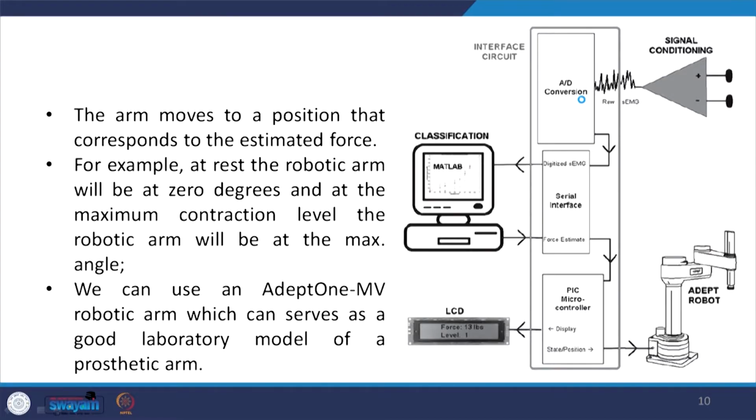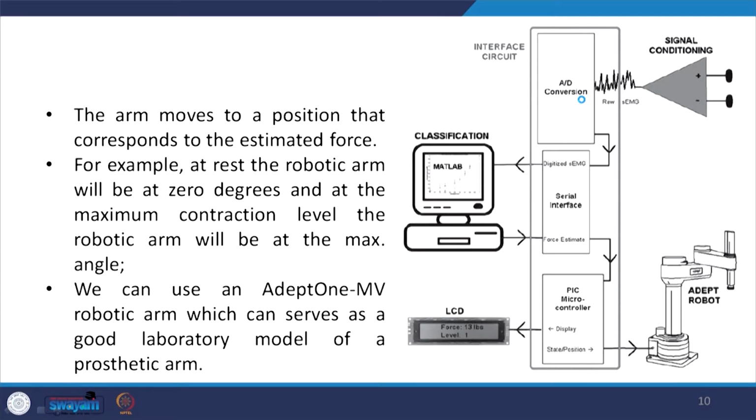Now, the arm moves to a position that corresponds to the estimated force. For example, at rest the robot arm will be at 0 degrees, and at the maximum contraction level the robotic arm will be kept at the maximum angle.